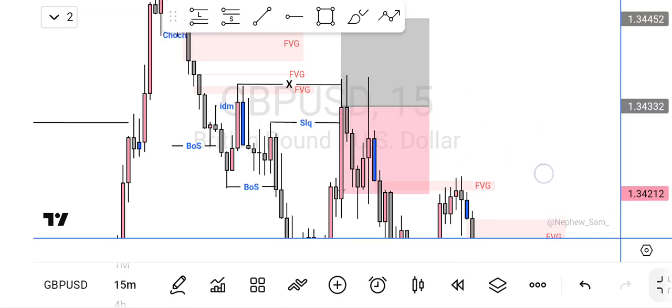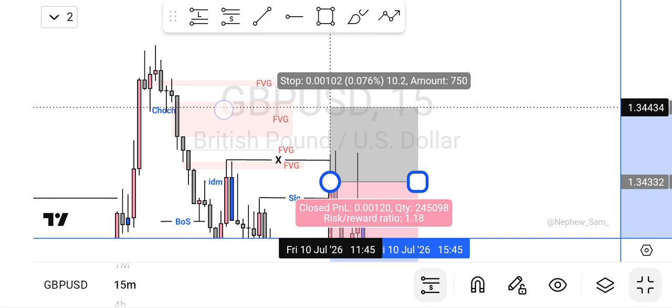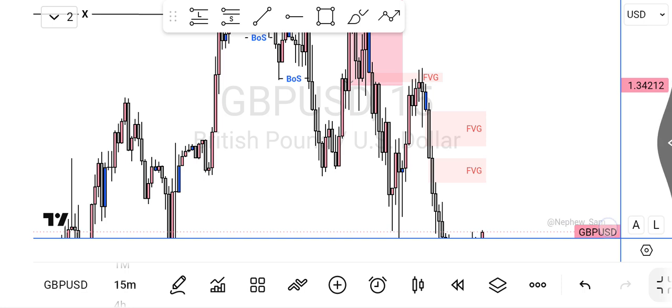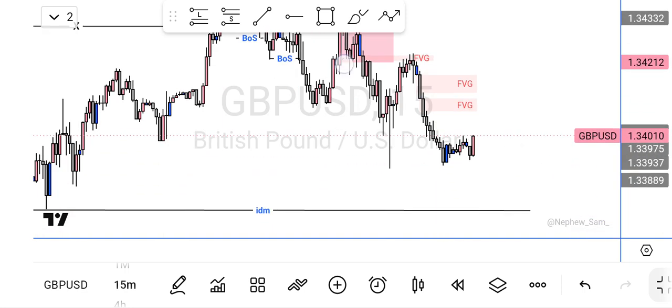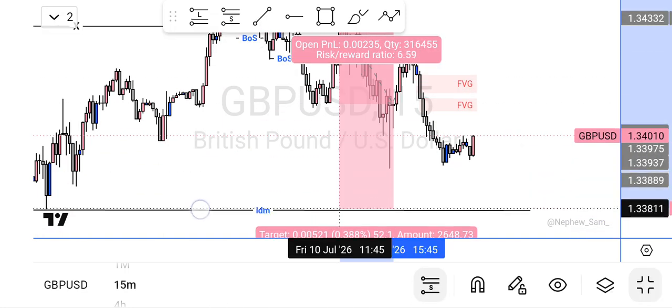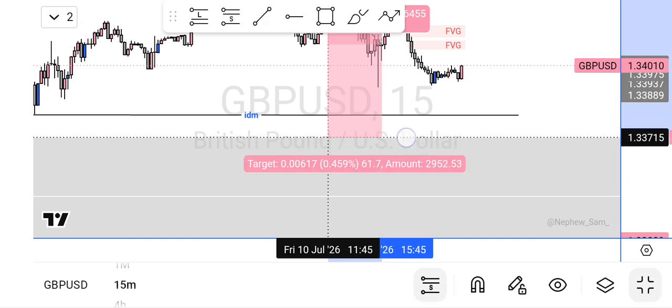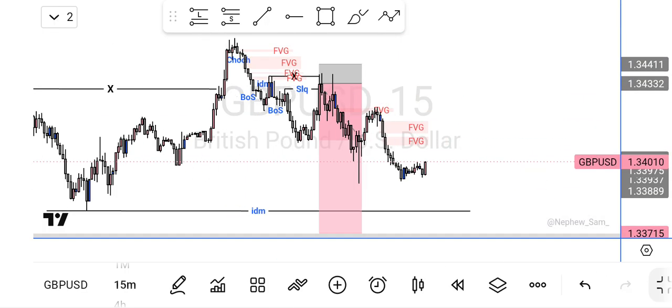So now just place your trade like this, give it some space, and then the first target will be here, and then the overall target will be here. So that was how I took the trade.